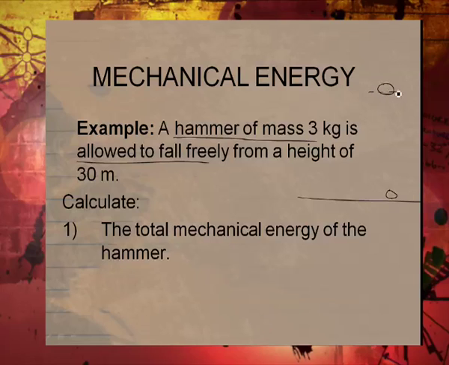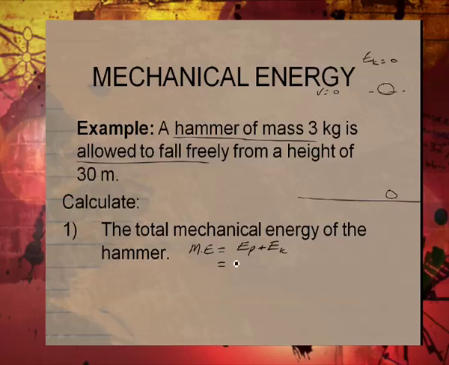At that point where it is allowed to fall freely, before it starts moving, we know V is equal to 0, so EK at that point is equal to 0. If I am to find the total mechanical energy of the hammer at that point, I would say that mechanical energy equals EP plus EK, because that is what mechanical energy is.